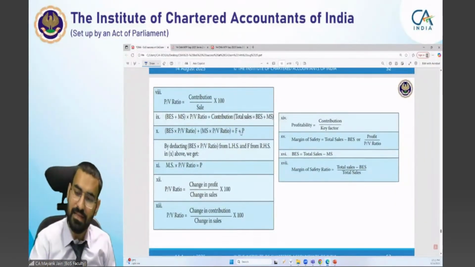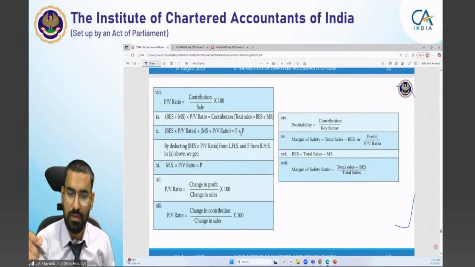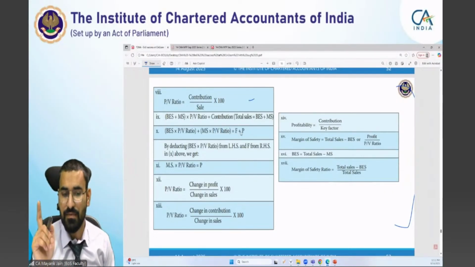You may take the screenshot of this page also. PV ratio we already know, contribution upon sales. Break even sales plus margin of safety means the total sales into the PV ratio equals the contribution.